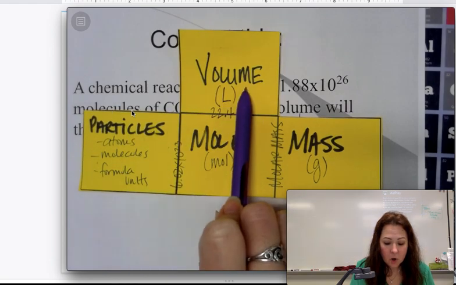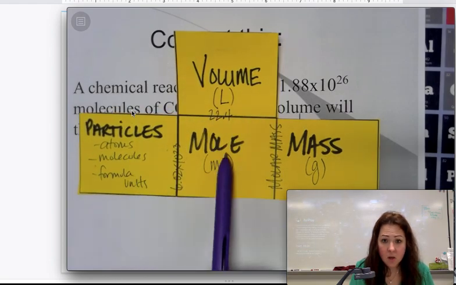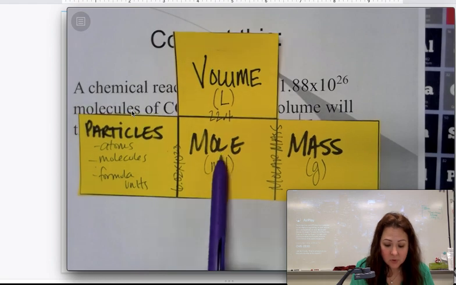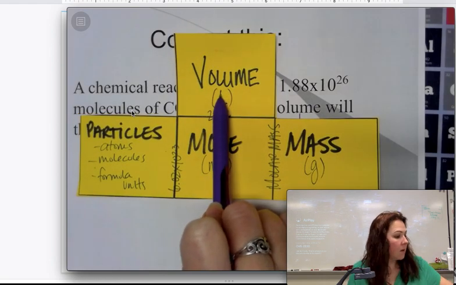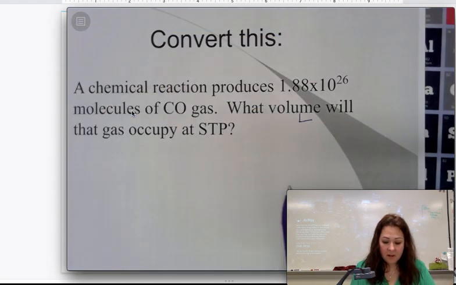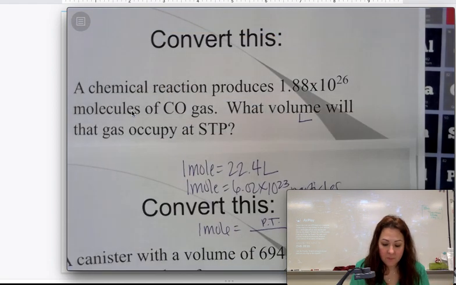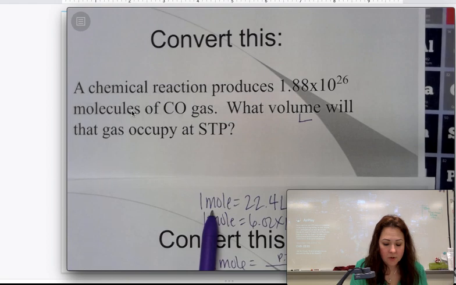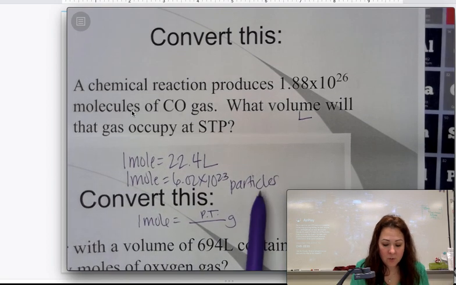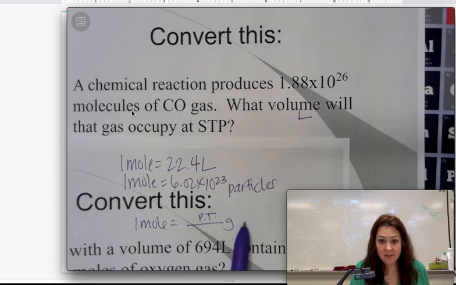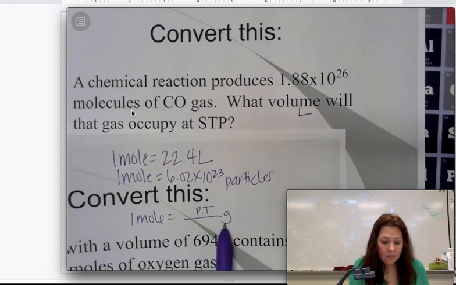So I'm going to go from particles to moles, moles to liters. So I'm going to use Avogadro's number and then my 22.4. So just to get my conversion factors here, I'm going to use moles to liters, moles to particles. I don't need the molar mass at all in this one because it doesn't mention mass.